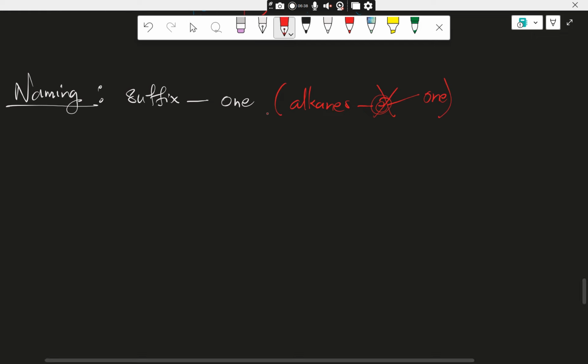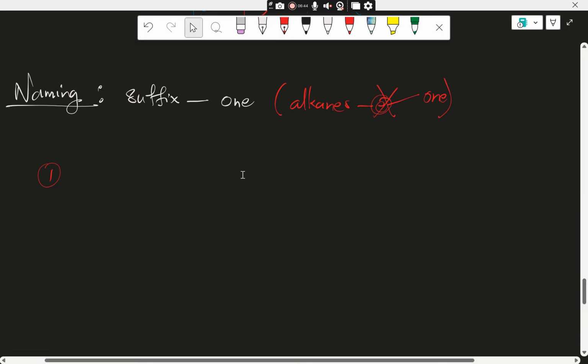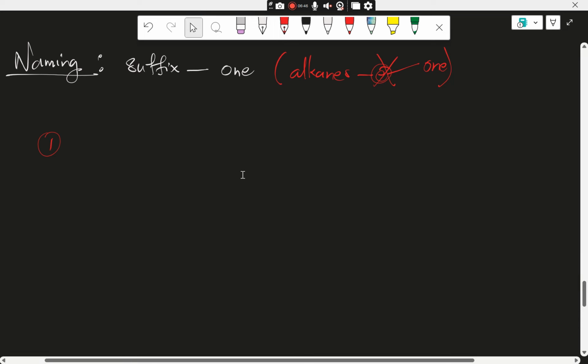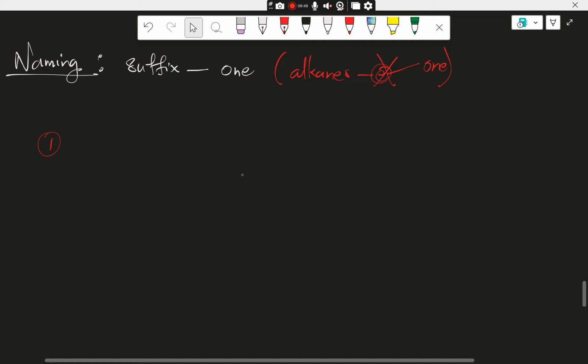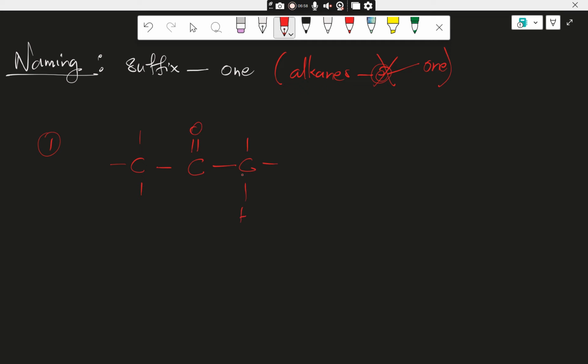Let's see how that works out. Since the functional group should be within the chain, it means you can only have a minimum of three carbon atoms, right? So you will have your carbon group there, and it will look something like this.